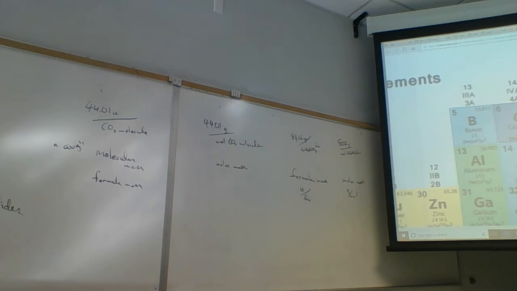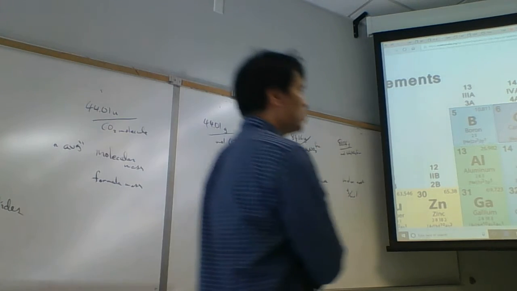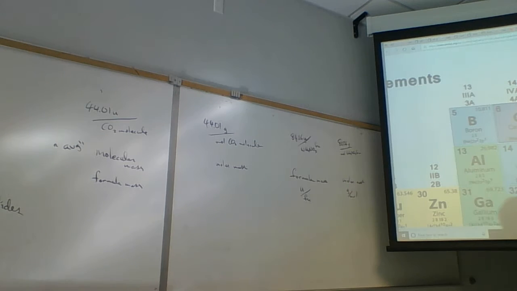That means every single fluorine atom is going to weigh 18.998 U, so the average is 18.998 U. All the atoms weigh the same, whereas chlorine has two different isotopes, so none of them weigh 35.45.